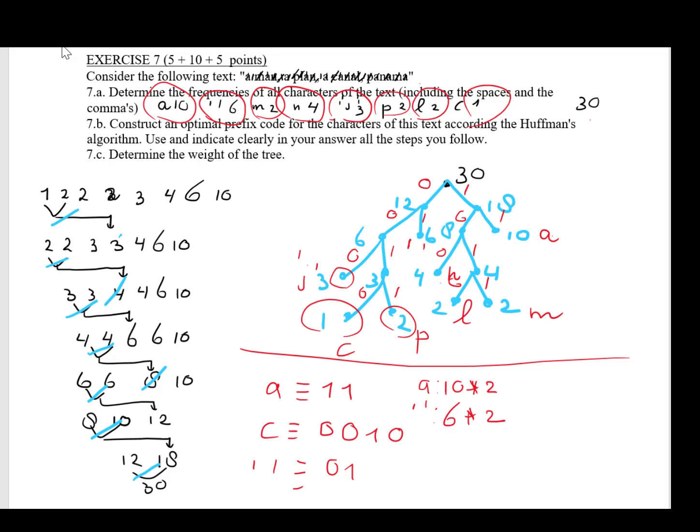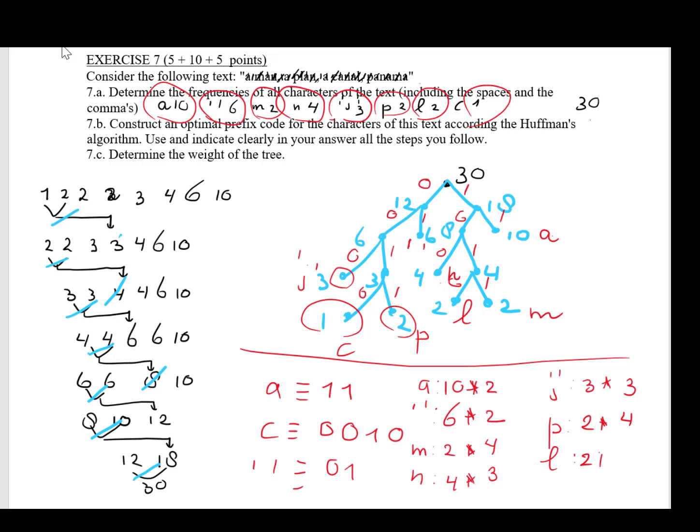Space, 6 times 2. And then we have the M, which is 2 times 4. Then we have the N, which is 4 times 3. We have the comma, which is 3 times 3. We have the P, which is 2 times 4.